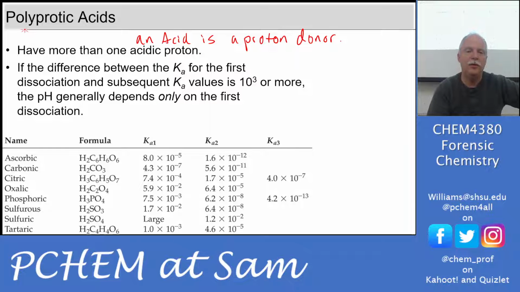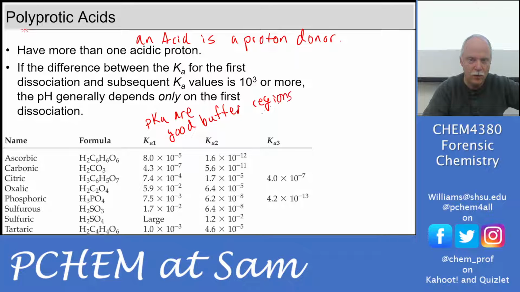Now, these are polyprotic acids, and you can look at these Kas, and right around where the pKa is, that's going to be its buffer region. And so pKas give good buffer regions of pH.